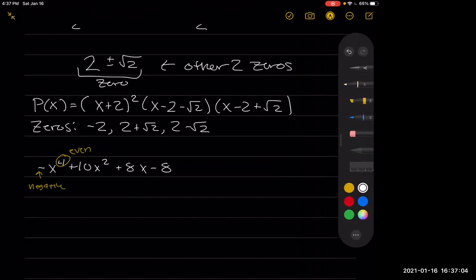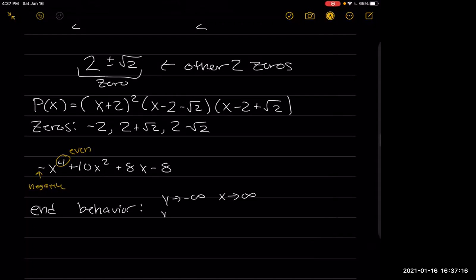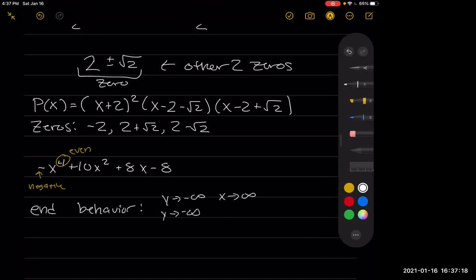So that means that for our end behaviors, y approaches negative infinity as x approaches infinity, and y approaches negative infinity as x approaches negative infinity. Okay, and we also know our zeros.